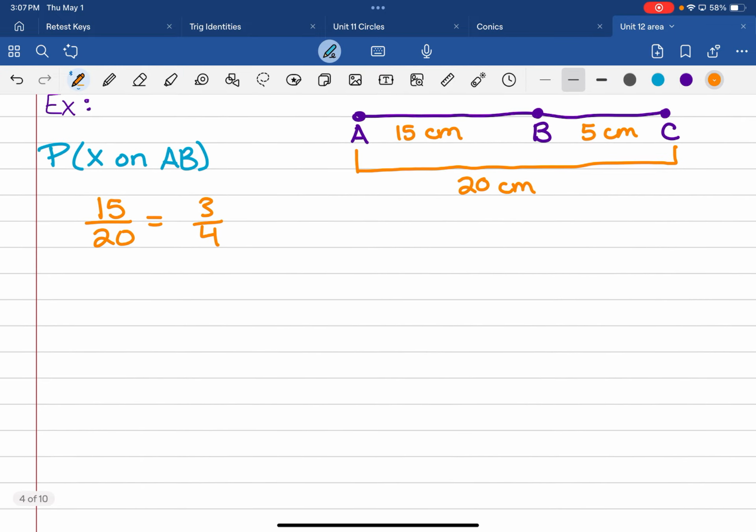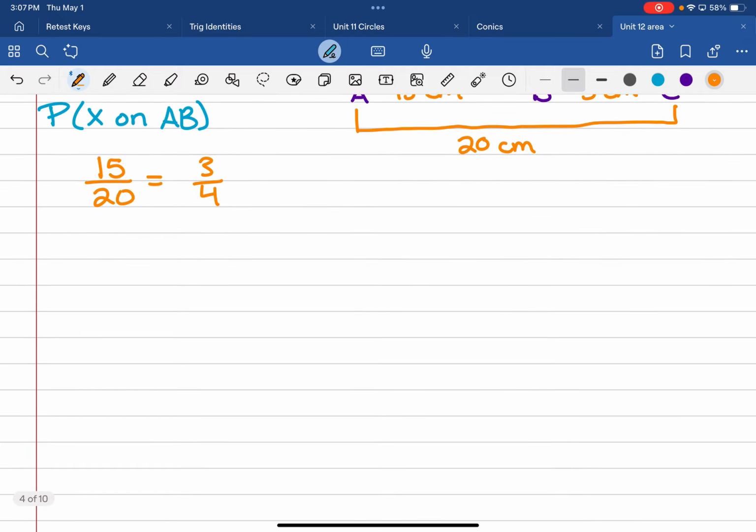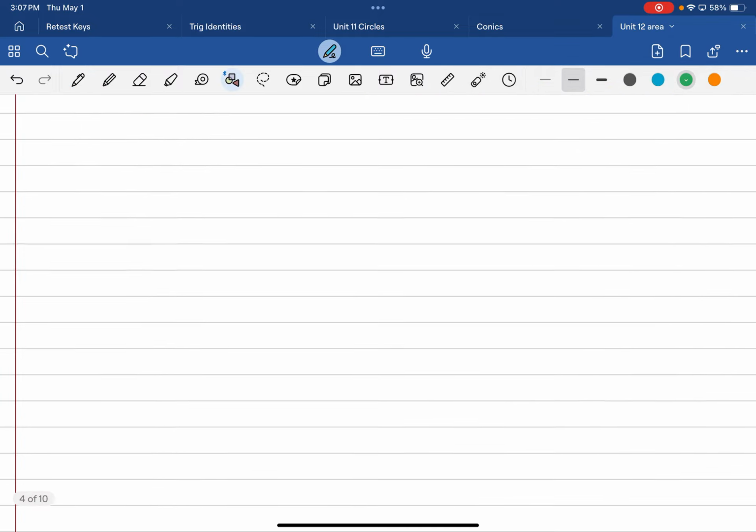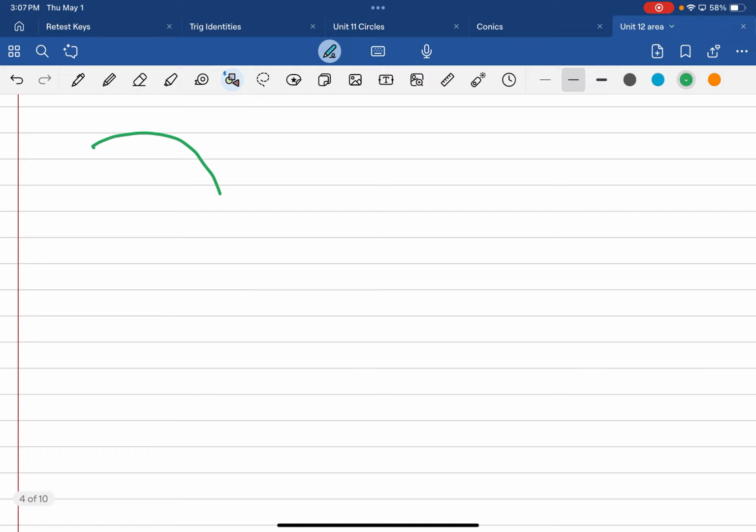Okay, the last thing I want to talk about before we get to the board work is going back to what we talked about yesterday. We talked about area of a circle yesterday. Guys, if I'm looking for area of a circle, that means I'm looking for the inside of it, the space that it takes up. That's what area is. What is circumference?